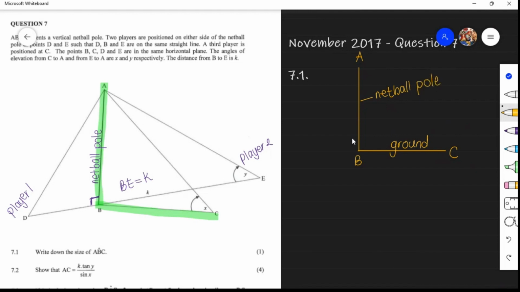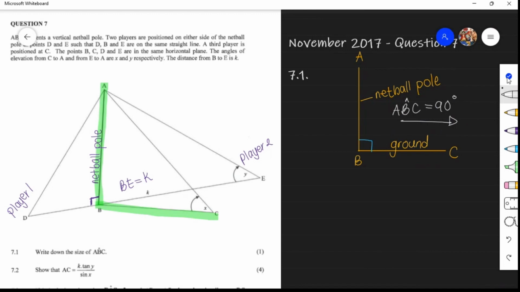Now keep in mind, any pole is always drawn perpendicular to the ground, which means that there's an angle of 90 degrees. Therefore, the angle ABC is going to be equal to 90 degrees.